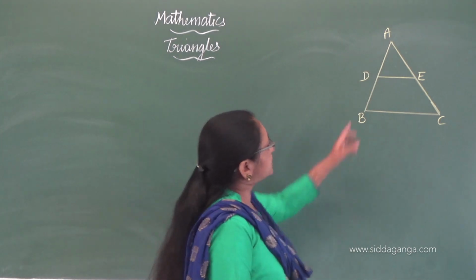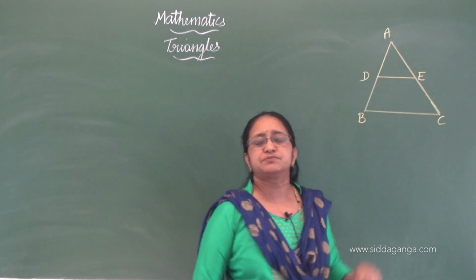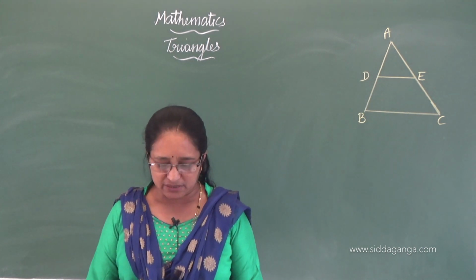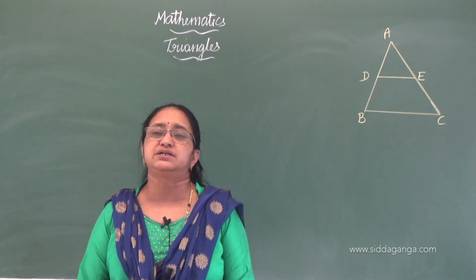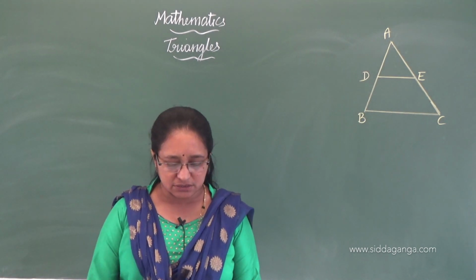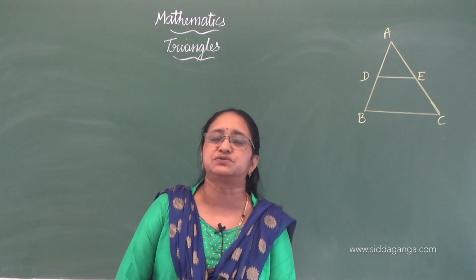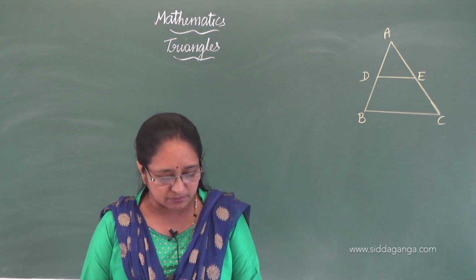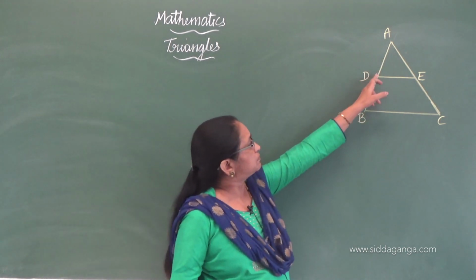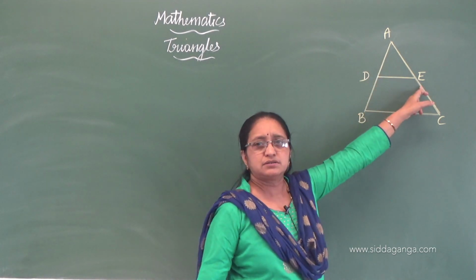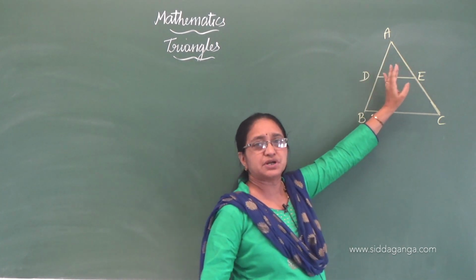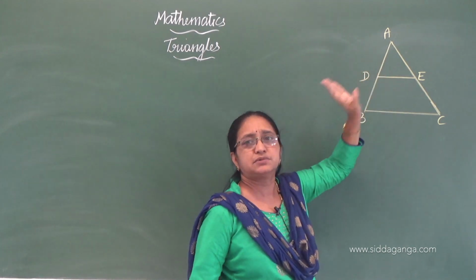See, DE is parallel to BC. I hope you are familiar with the statement: if a line is drawn such that it is parallel to one of the sides of the triangle, then that line will intersect the other two sides of the triangle and it will cut the other two sides in the same ratio.